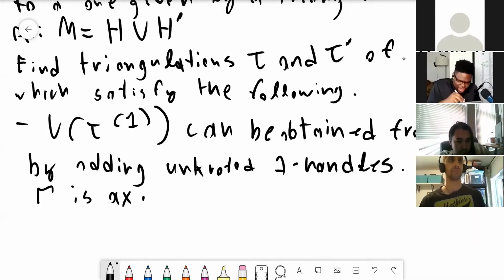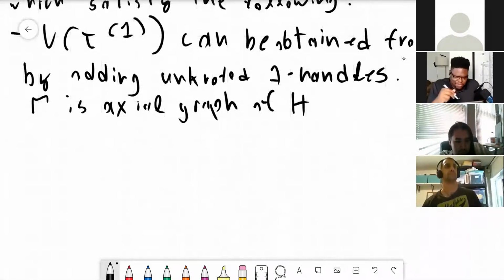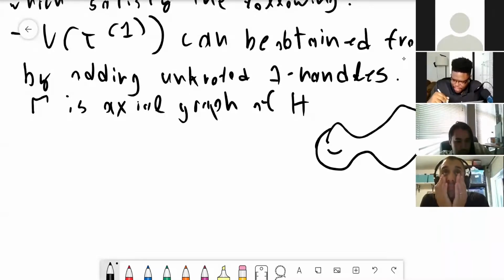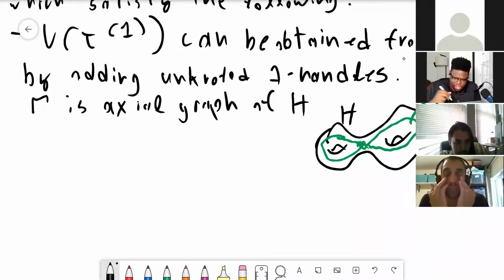Yeah, that's it, axiograph of H. All right, so what does that mean? So that just means that H is some handle body, right? And gamma is just some graph like this. So the handle body deformation retracts to gamma. All right, so that's the first thing we want.